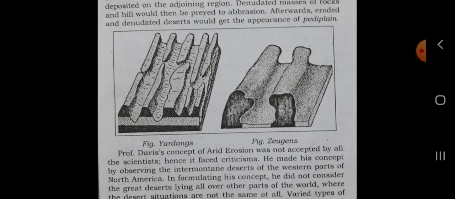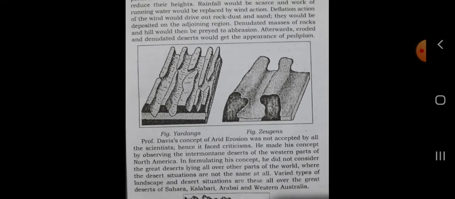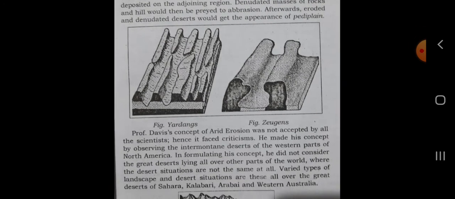Professor Davis' concept of arid erosion was not accepted by all the scientists, hence it faced criticism. He made this concept by observing the intermountain desert of the western part of North America.